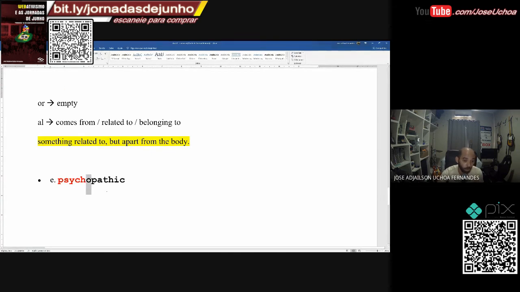So we decide that O is not part of the root because we have psyche, the letter E, the letter I, the letter O. So what are all these letters? Are they morphemes? What are they? How would you consider them?